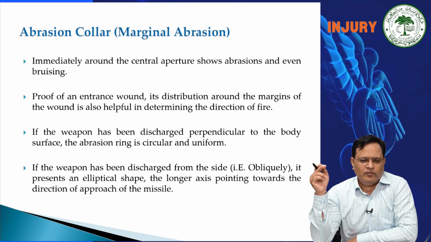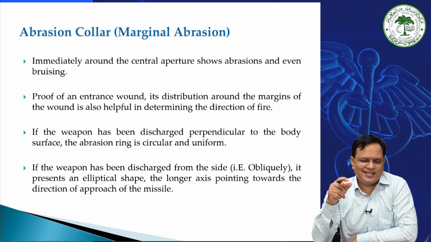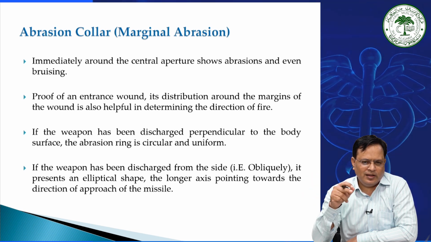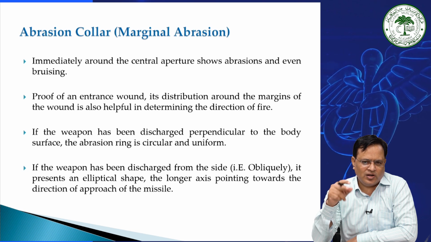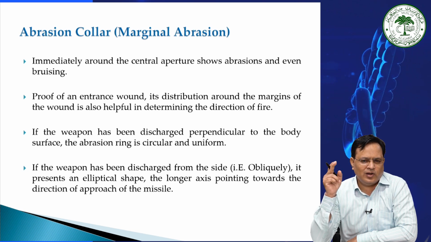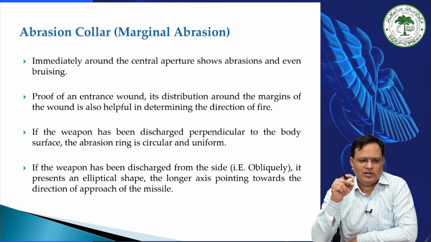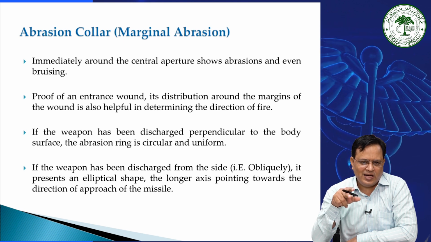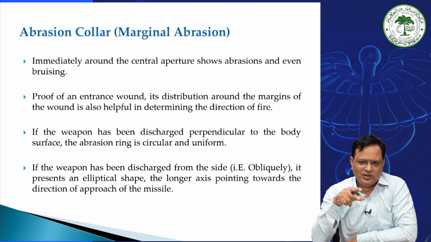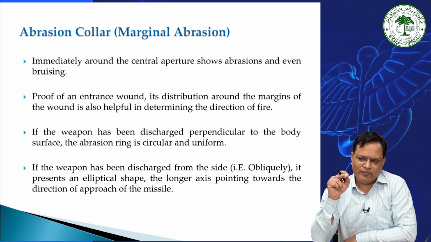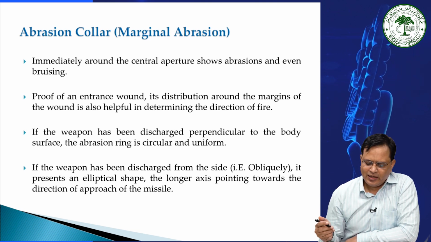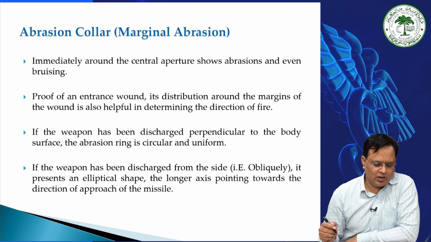So when it strikes, it can burn the tissue, and it can also cause injury and penetrate, but it can lead to abrasion or slight bruising when entering. We can describe that as an abrasion collar.